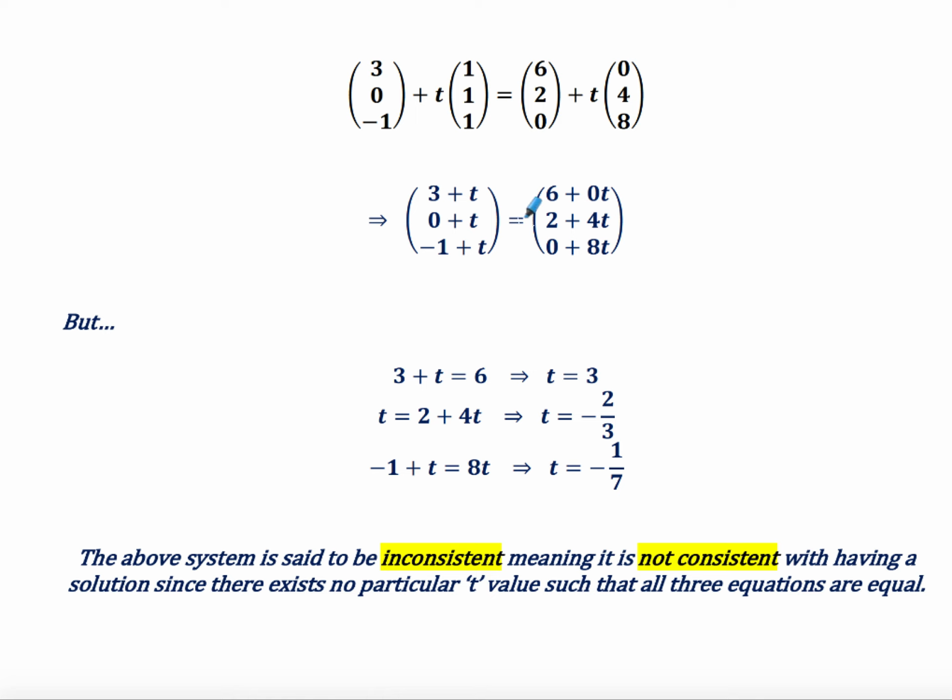This one's purely a function of t, and so when you equate the x's, equate the y's, and equate the z's, you end up getting some confusing results, which basically says that there's no single point in time that actually allows for all 3 of these positions in x, y, z hitting and colliding at the same time, so they miss each other. This system is said to be inconsistent, meaning that it's not consistent with having a solution, so there exists no particular t such that all 3 are equal.